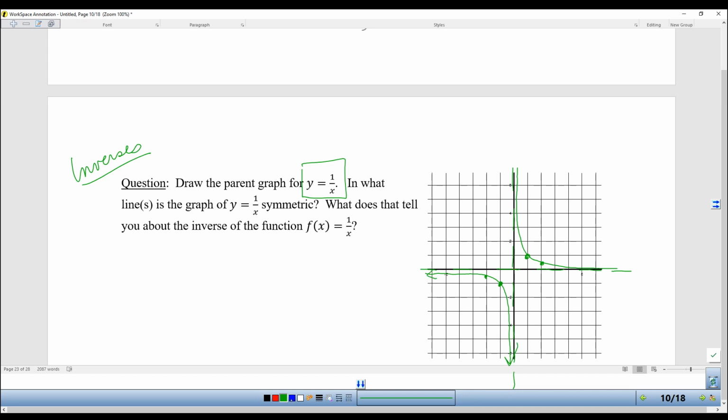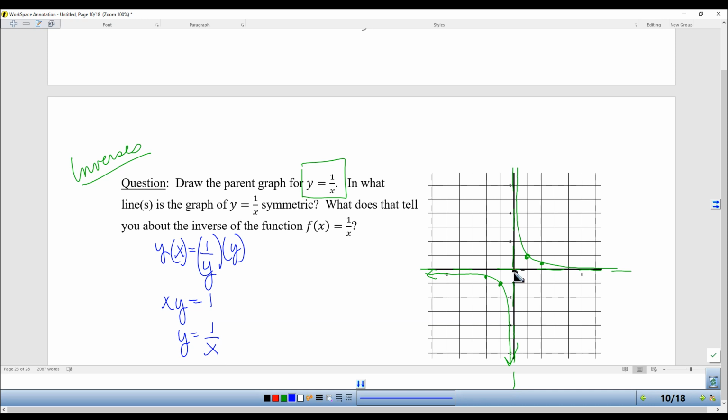But let's do the inverse. So to do the inverse, I switch the x and the y, and then I solve for y. So I'm going to have to clear the fraction. And now I have xy is equal to 1, and then I get y all by itself. I'm right back where I started.